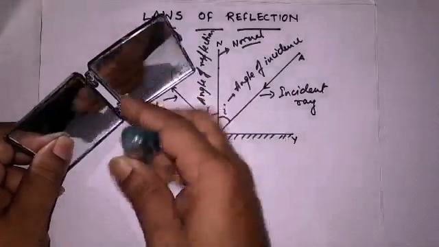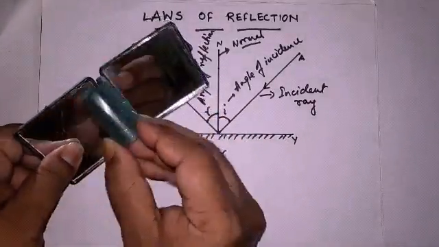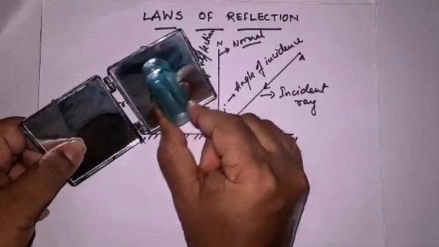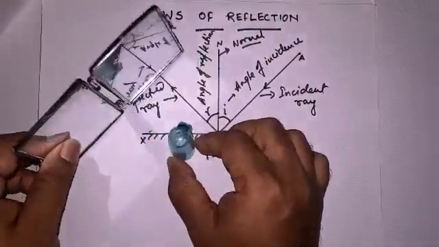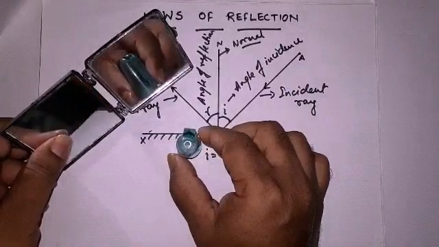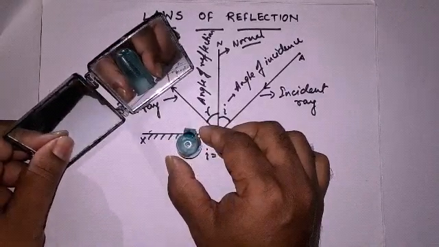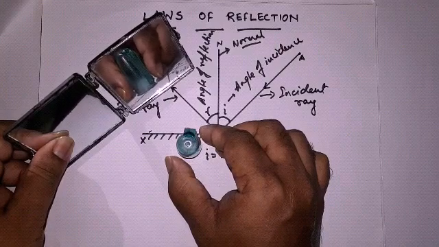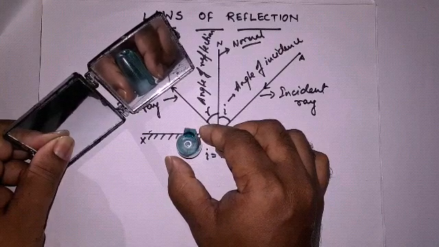I am getting a straight image. It's not getting inverted. So this is an erect image. In the case of a plane mirror, we get an erect, virtual image.